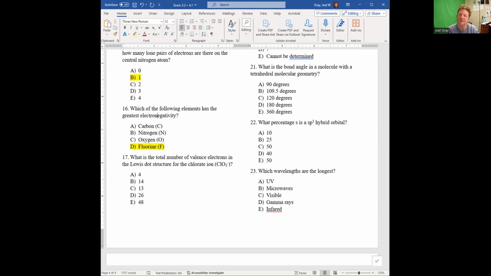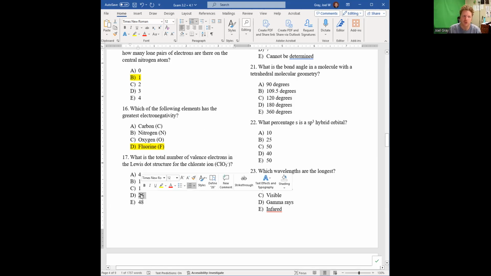And if you look at this, you'll see that there's an overall charge of -1. So that's 1 additional electron. So chlorine brings in 7 valence electrons. Each of our oxygens brings in 6. So 7 plus 6 plus 6 plus 6. 7 plus 6 is 13. Plus 6 is 19. Plus 6 is 25. And then we have to account for that negative. So our correct answer is D, 26.